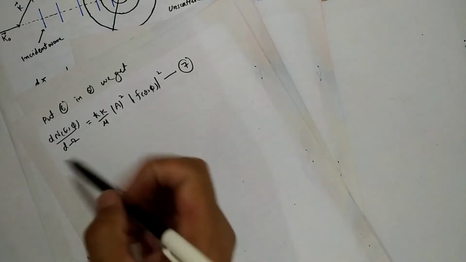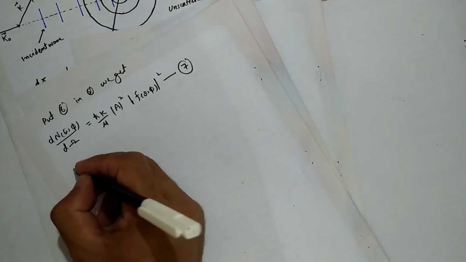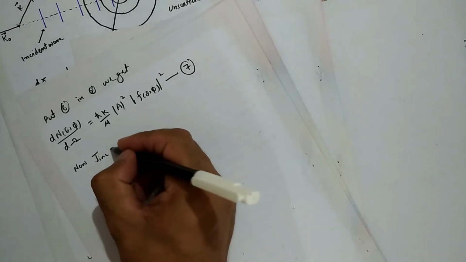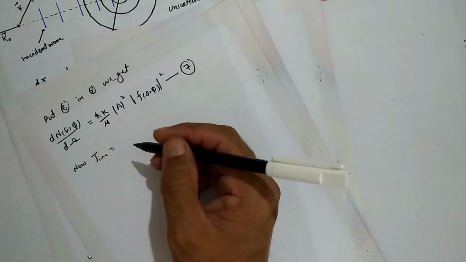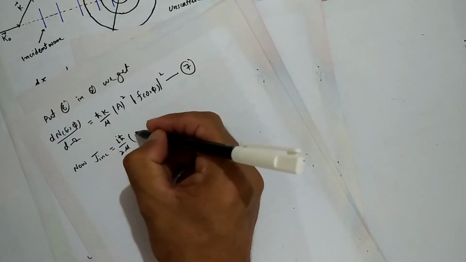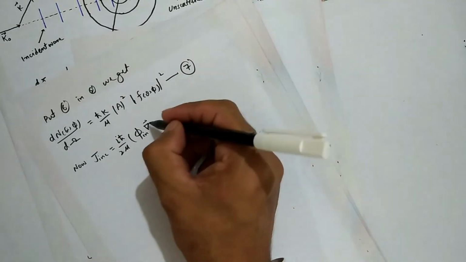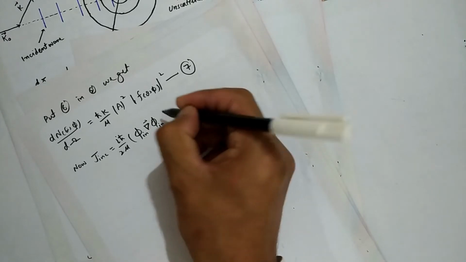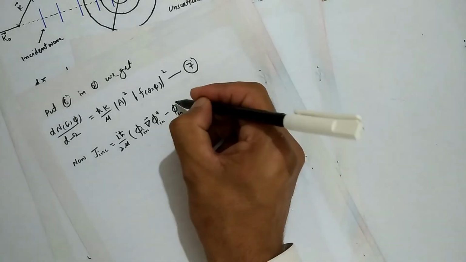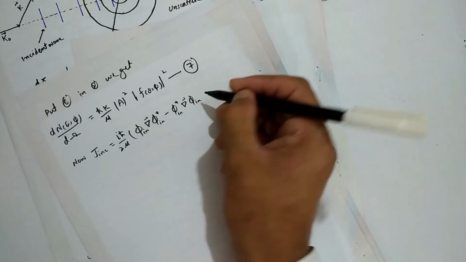Similarly, the incident flux is given as J incident equals i h cut divided by 2 mu into the incident wave function times the gradient of the complex conjugate of the incident wave, minus the complex conjugate of the incident wave times the gradient of the incident wave.